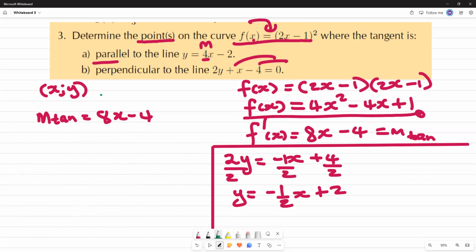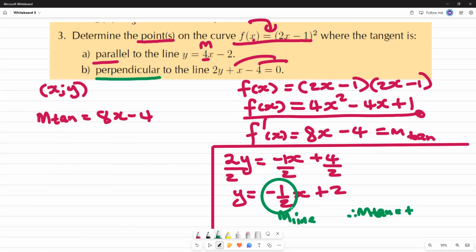Remember, as we said earlier on, if 2 lines are perpendicular, this is the m of the line, then it's not going to be the m of the tangent, because if they're perpendicular, the gradients have to multiply to minus 1. So m of tangent in this case is always going to be the opposite of this one if they are perpendicular. So this is negative, the tangent is going to be positive.